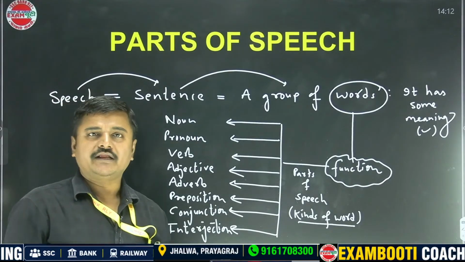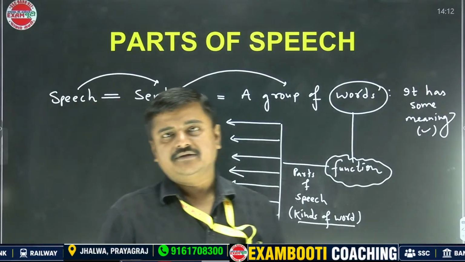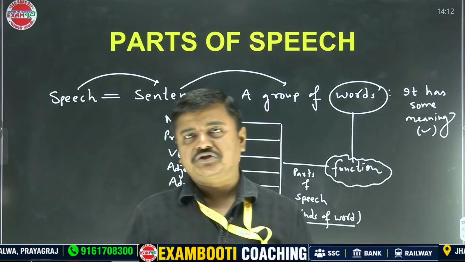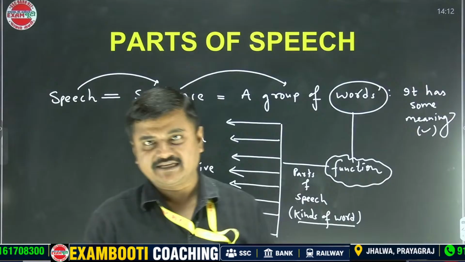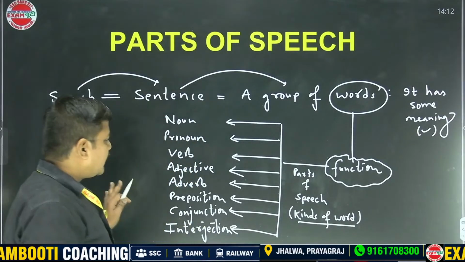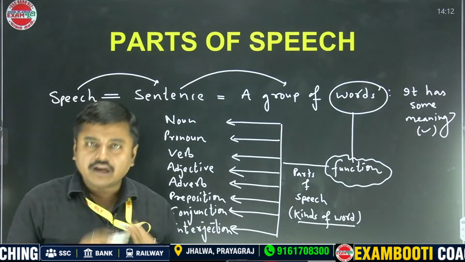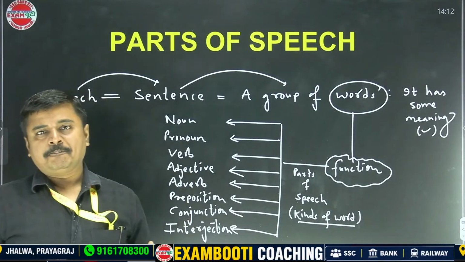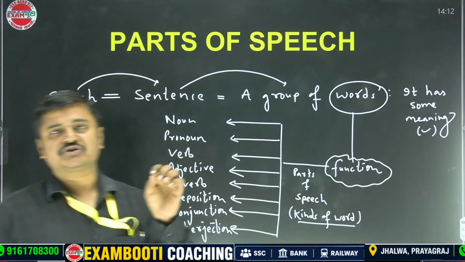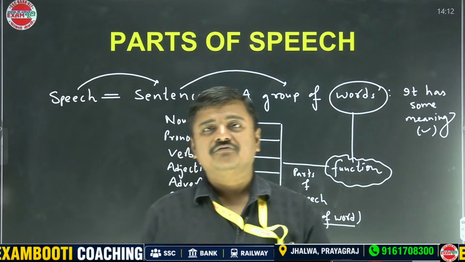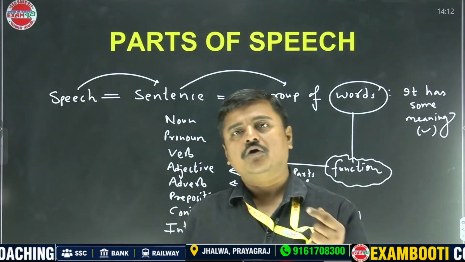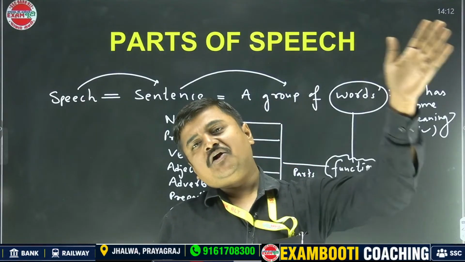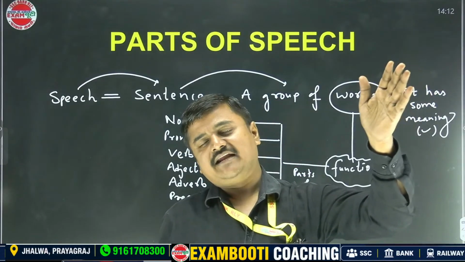So we may call it, there can be 8 different functions a word can perform in a sentence, and these are the 8 functions that we all are aware of. We all know this. There are 8 functions of a word, and that's what we have known since the beginning of our understanding level.